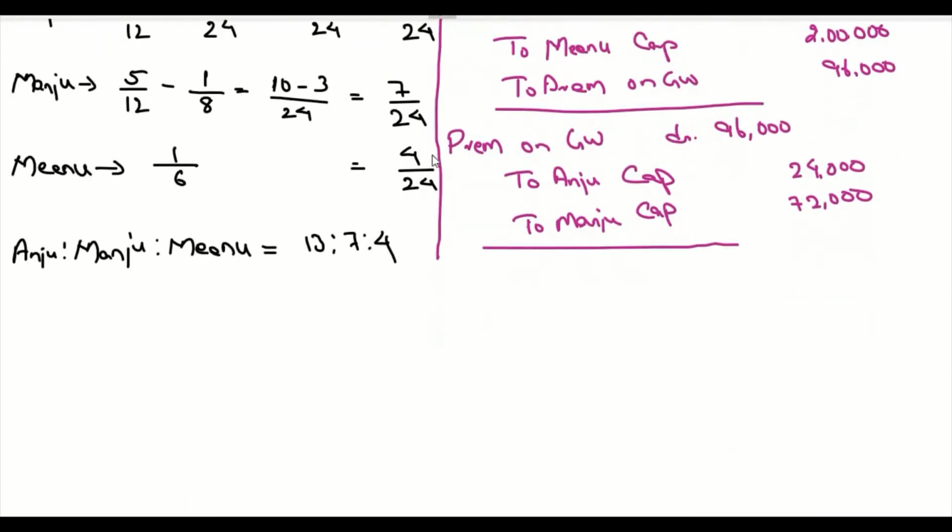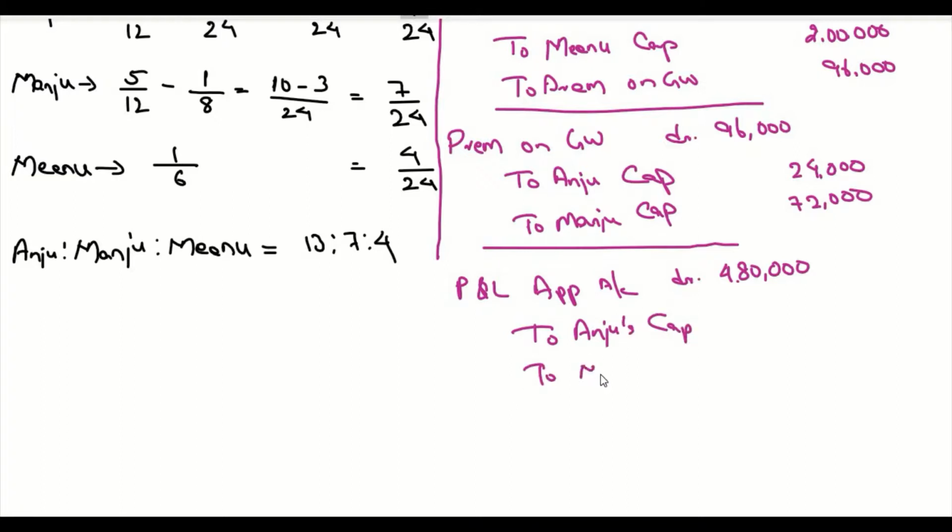So that journal entry will be P&L appropriation account debit 4,80,000 to Anju's capital, to Manju's capital, to Meenu's capital.